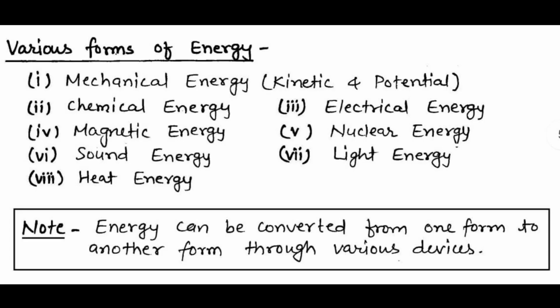Then we have sound energy, light energy, heat energy. All these are various forms of energy. And the most important thing, energy can be converted from one form to another through various devices. There is neither new creation nor destruction of energy. Energy simply converts from one form to another.